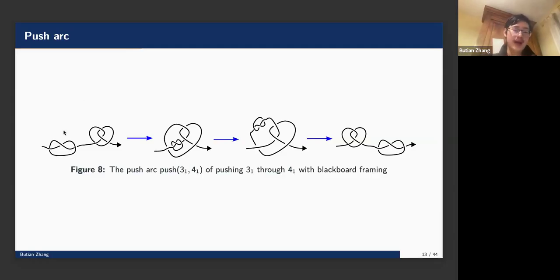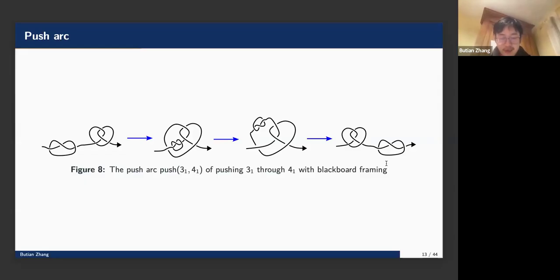At the beginning we have the trefoil connected sum with figure 8, and we can imagine this trefoil to be a very small bead and push it along the figure 8 knot. So we get from the 3-1 connected sum with 4-1 to the 4-1 connected sum with 3-1. This is called the push arc in the space of long knots.